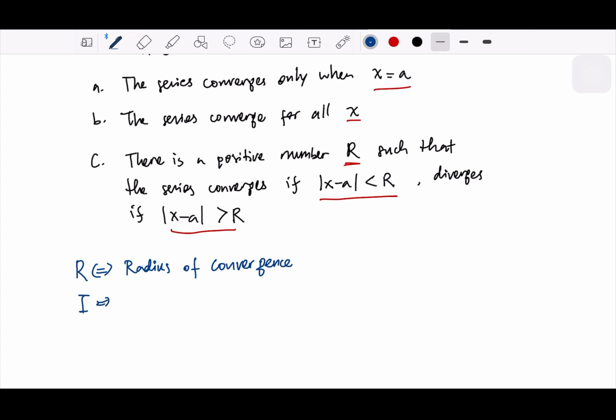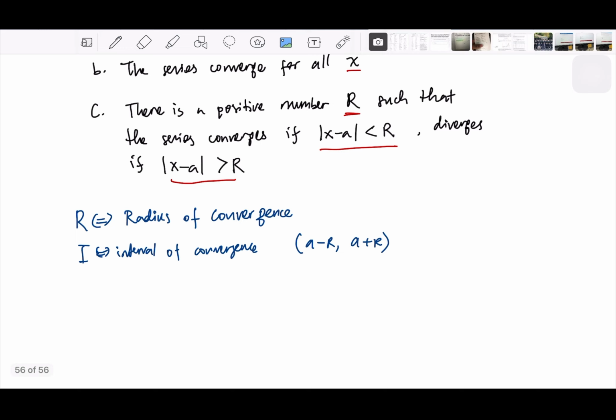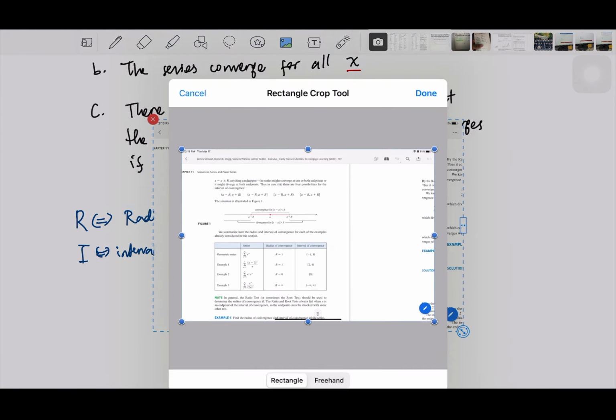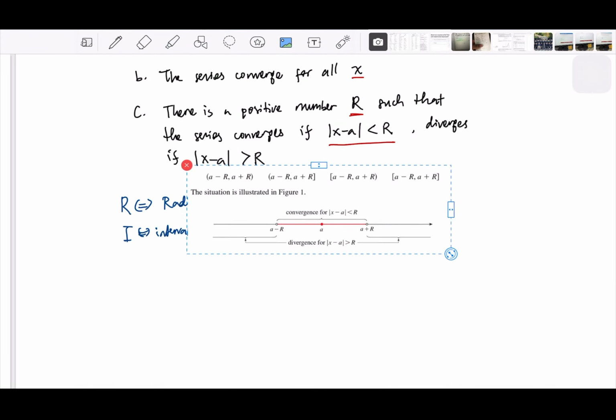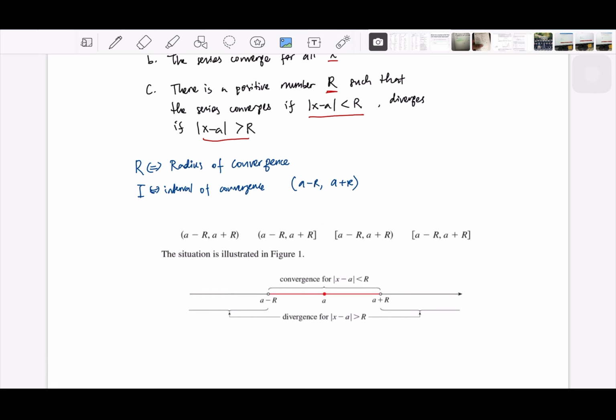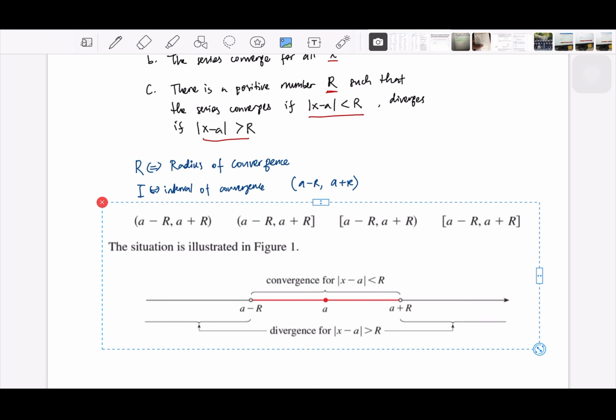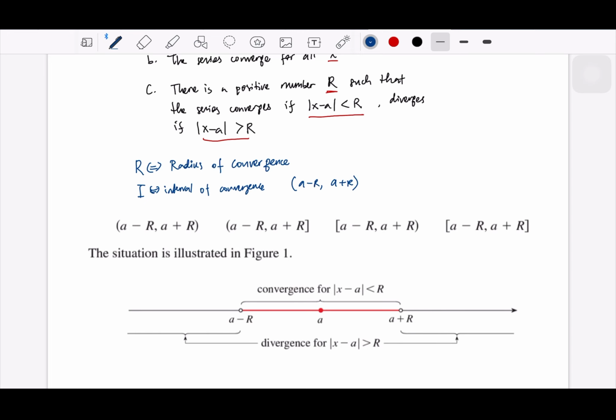And the interval of convergence we can write in terms of a minus R, a plus R, and we will have 4 possibilities.